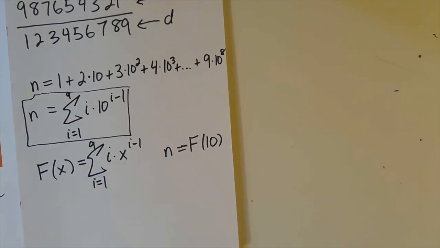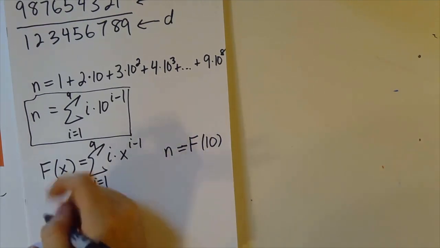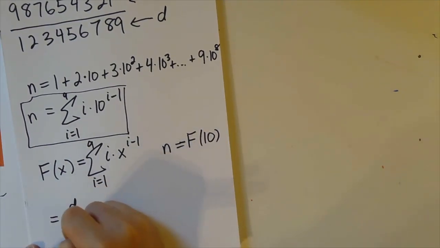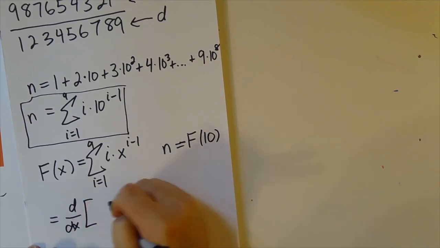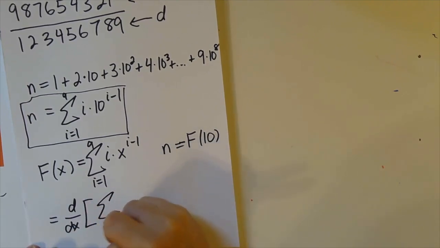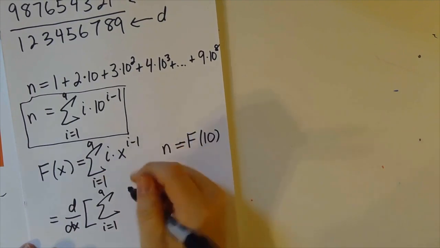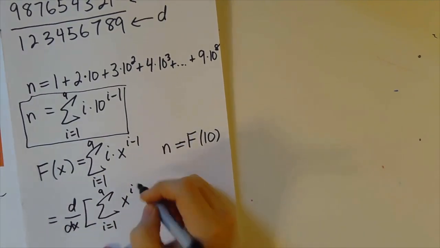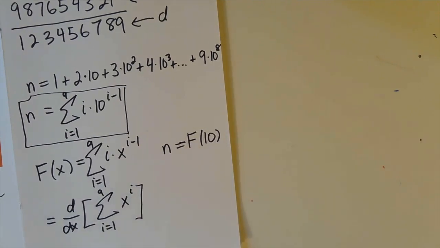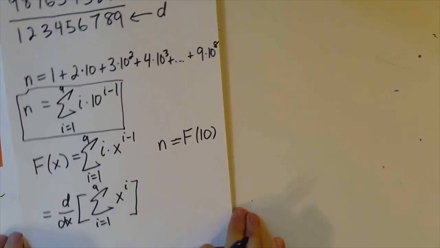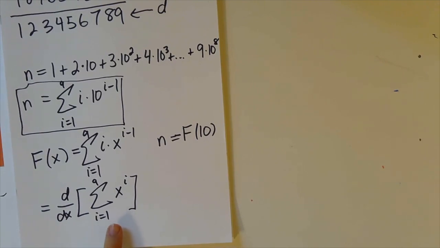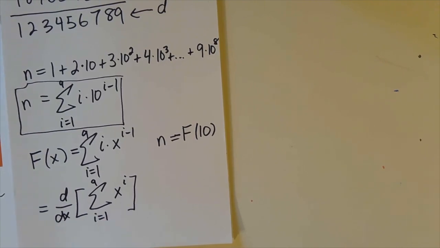Okay. So what I'm saying then is that f of x here, it's the derivative of the sum as i goes from 1 to 9 of x to the i.